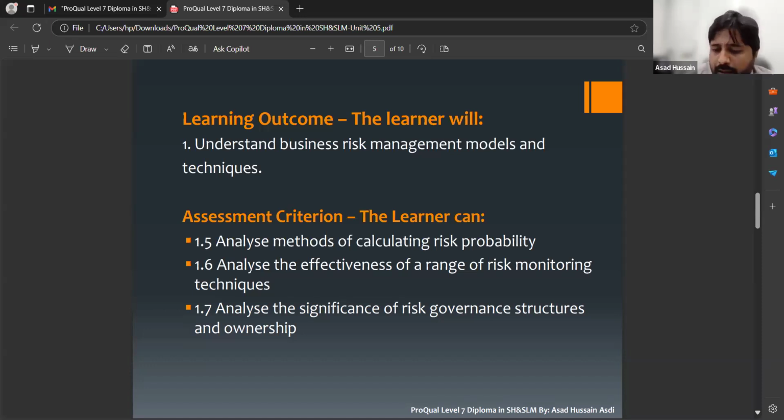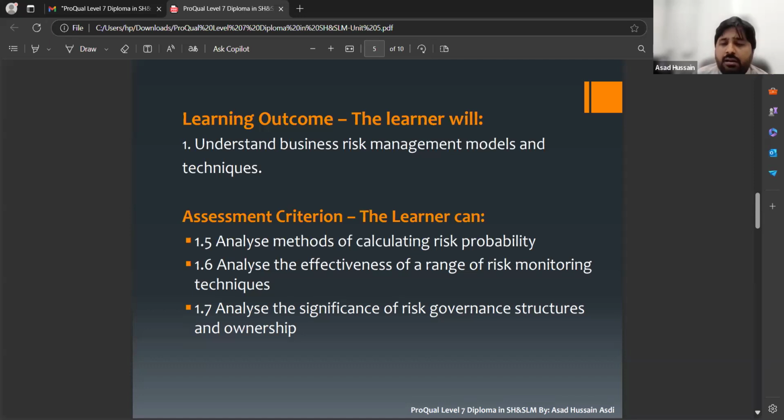After that, to support their narration and explanation, they have to provide evidence that they have risk governance structures implemented in their organization. It can be confirmed from any risk management model or plan.